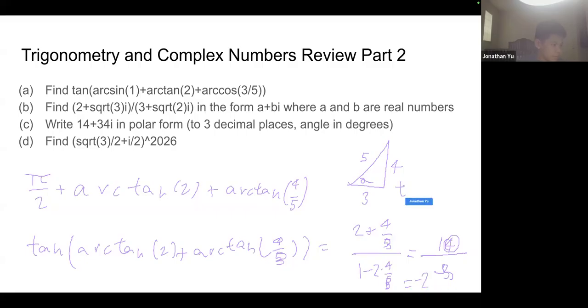So now we have just tan of pi over 2 plus this number whose tangent is -2. We know that the tangent of pi over 2 plus x is equal to -1 over the tangent of x. So if we plug -2 into this, we find that the answer to this one is 1/2.